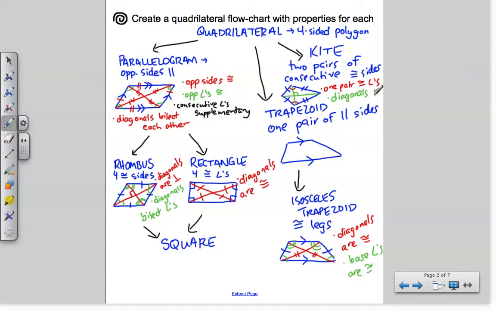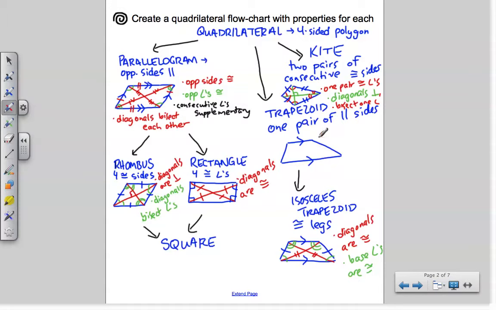Diagonals are perpendicular. The diagonals bisect one of the angles. These two angles here and here are congruent. These two angles here and here are congruent. Remember, we have these congruent little right triangles there. I'm sorry, I'm moving into that next one. Bisect one of the angles.